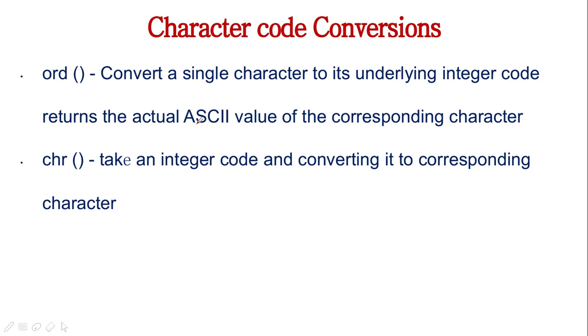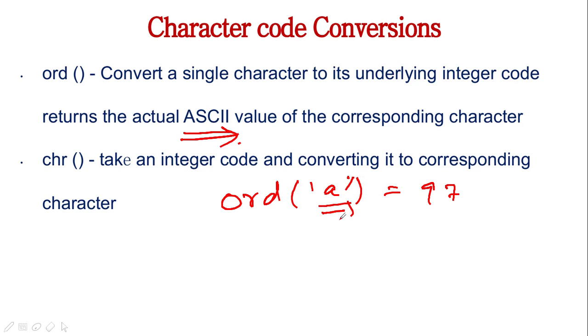And we also have to know how we can convert from character to code to integer. We already know that the ASCII value is used for giving each of the characters a number. ord is the function to know the ASCII value of a character. So if I give ord of small a, it will give me 97. 97 is the ASCII value of small a.